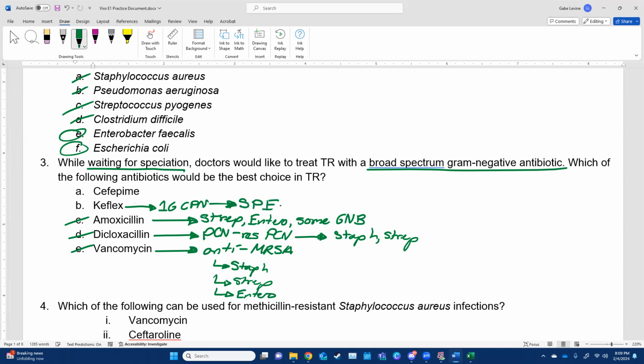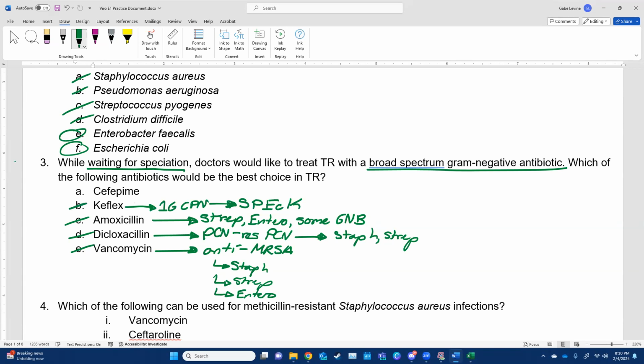PEcK, right? So we're talking about staph and strep, Proteus, E. coli, and Klebsiella. Does it have broad gram-negative coverage? No. It's one of the only cephalosporins to not have it. First gen don't have broad gram-negative coverage.